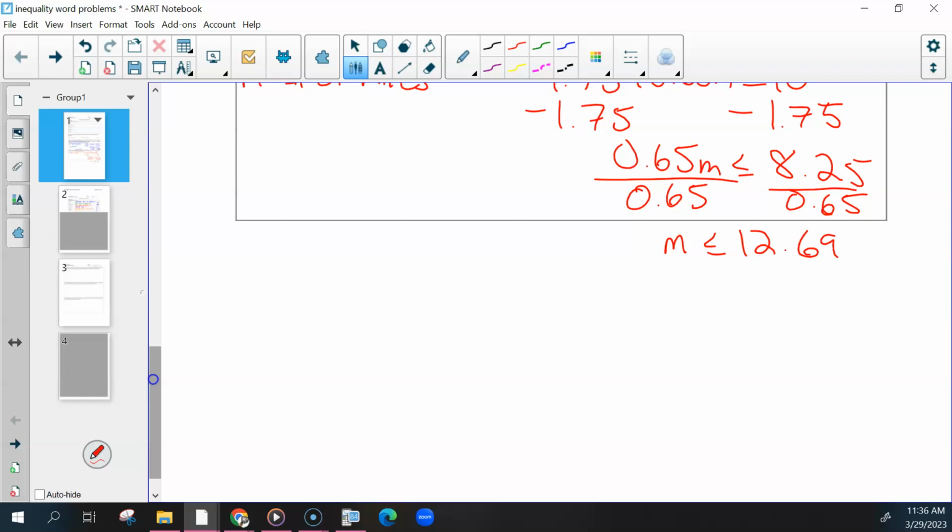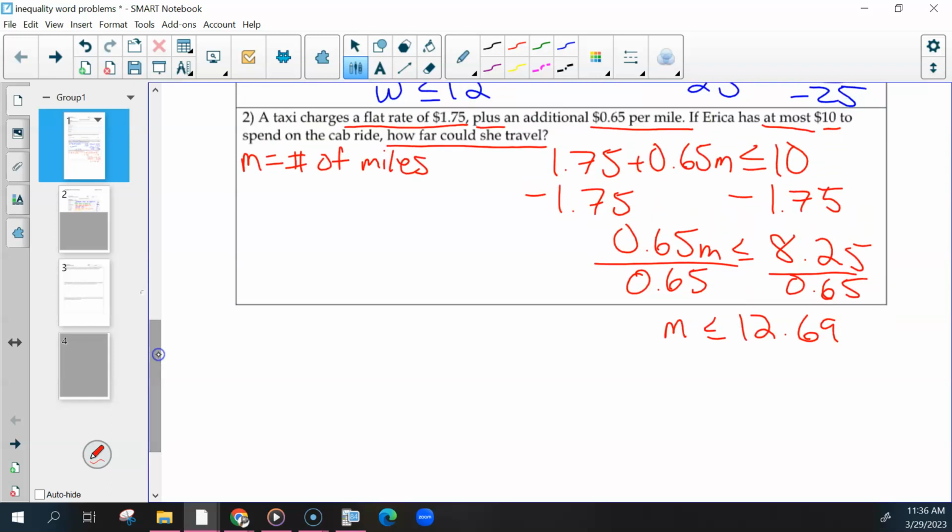So with things like this, you have to think about, can miles be decimals? Yes. So in this case, we can leave it as a decimal. If you ask yourself that question and it can't be a decimal, like if we're talking about people or something that you can't have decimals for, you would have to think about, could you round up or not?